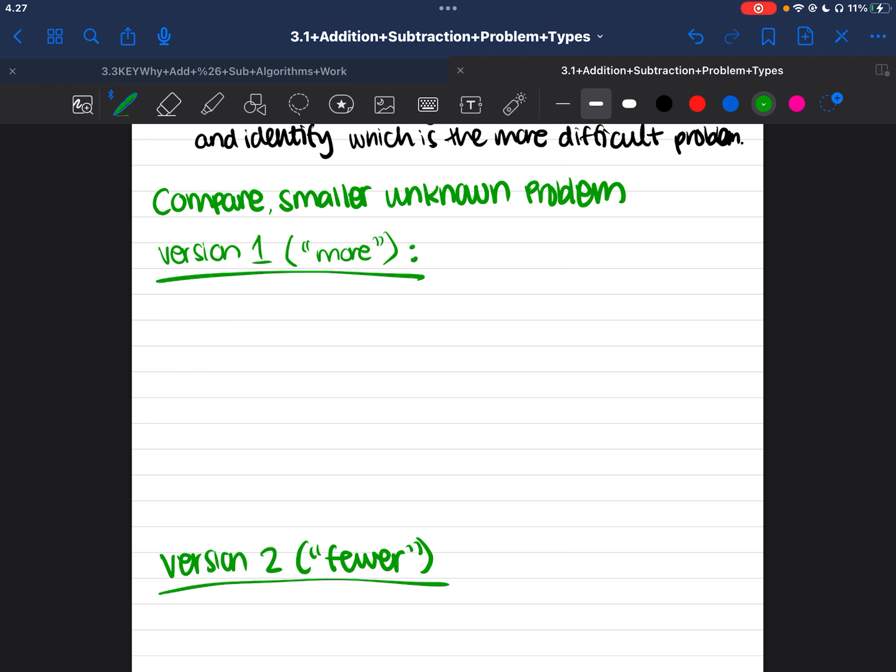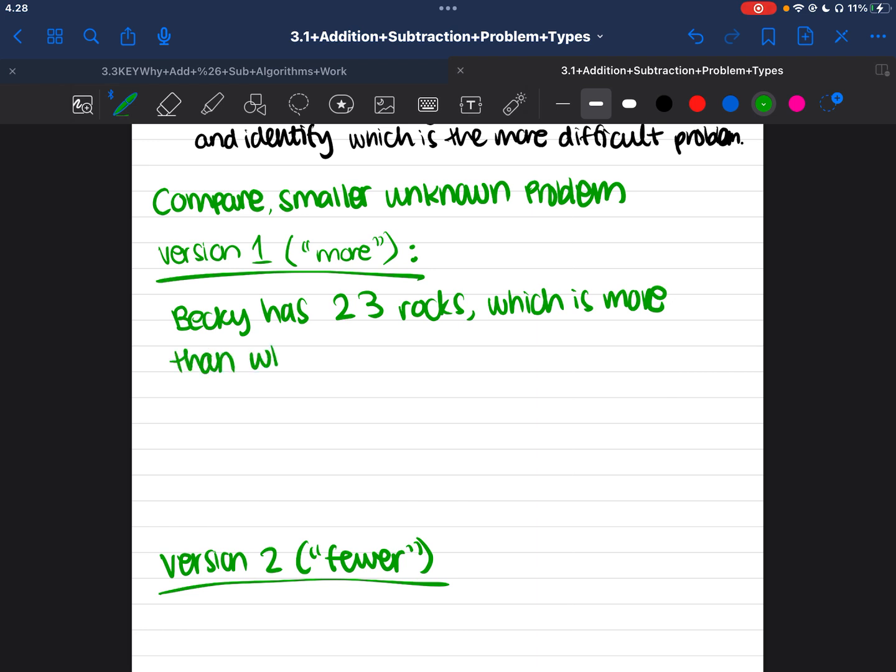Okay, so Becky has 23 rocks. Becky's a rock girl, which is more than what Sam has. Sam is jealous. So how many rocks does Sam have?